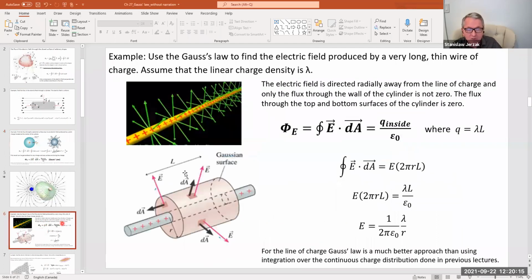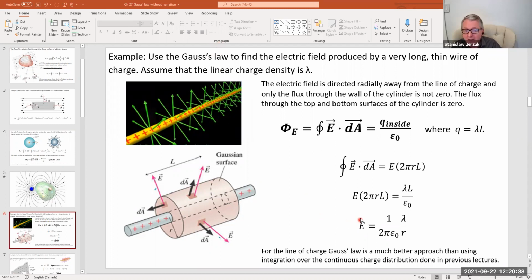Okay, so please concentrate a little bit more. We will now use Gauss law to calculate the electric field produced by an infinitely long line of charge. Do you remember, in previous lectures, we calculated the electric field due to an infinitely long line of charge. We did a lot of integration, and this was the final result.